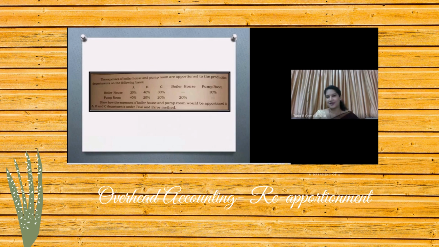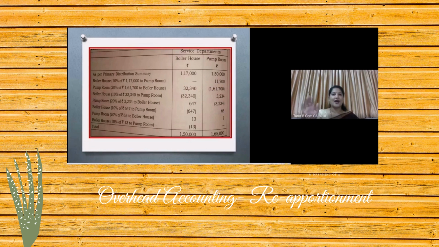This is the first stage. As we normally do, we will put that in the primary distribution summary for the service departments, boiler house as well as pump room.